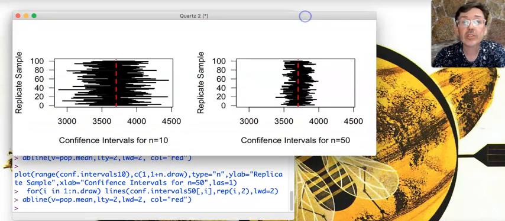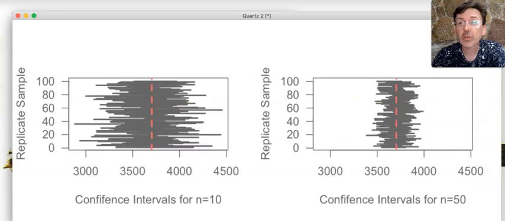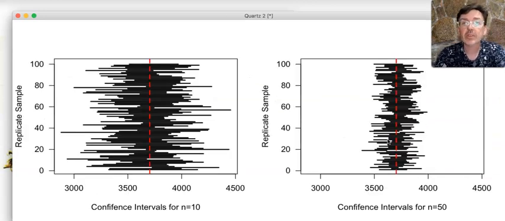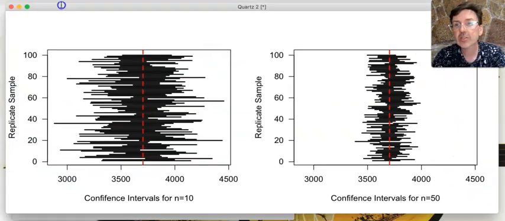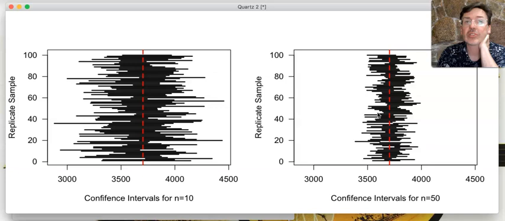And what you'll notice is that in our second sample, if you remember, how many was it? 96. Where are the 4? 1, 2, 3, 4 of them missed it.